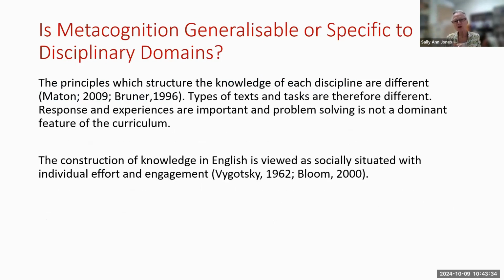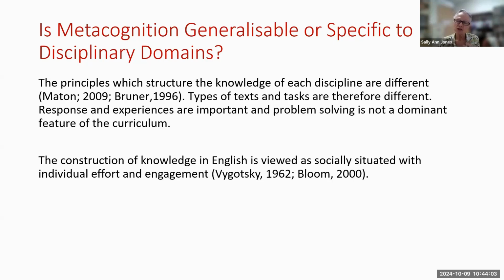So now just moving on to the idea of domains and how generalizable that rather traditional theory of metacognition can be. And the argument for domain specificity is that the principles which structure knowledge in any discipline are different. And that means texts and tasks are different too.